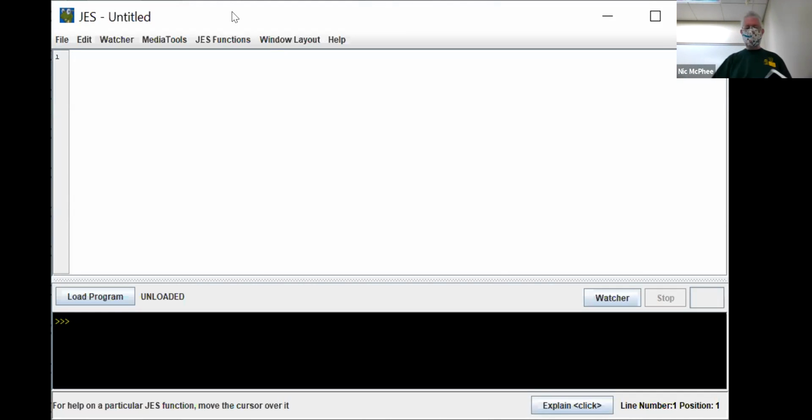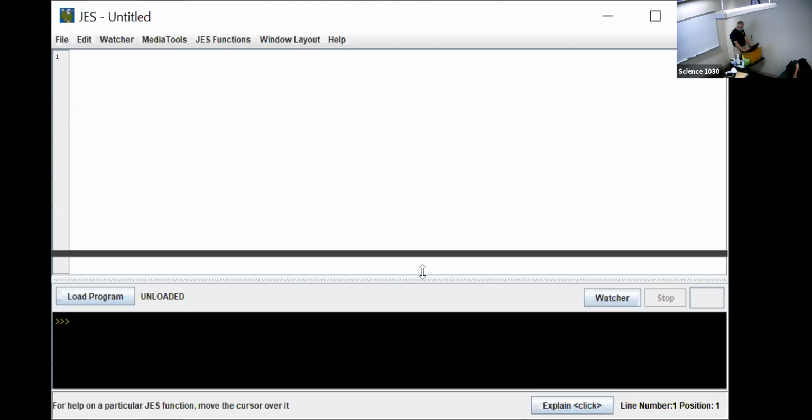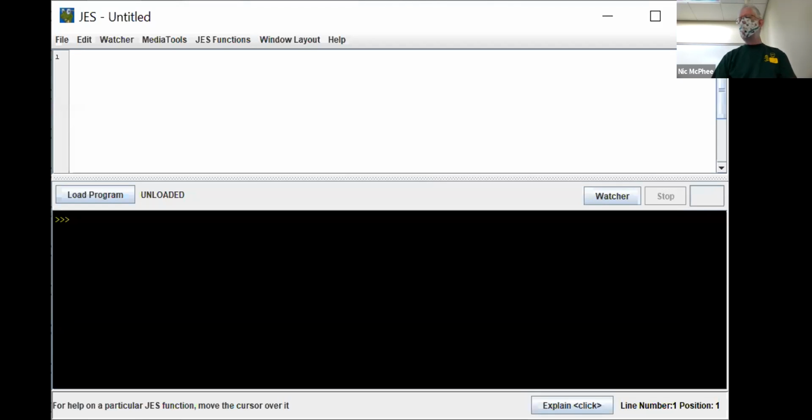Now, the Jess screen has two main components. On the top is what's called the program area, and on the bottom is called the command area. And we can move this dividing thing to change the relative size of these, and you can obviously change the size of the whole window on your computer.